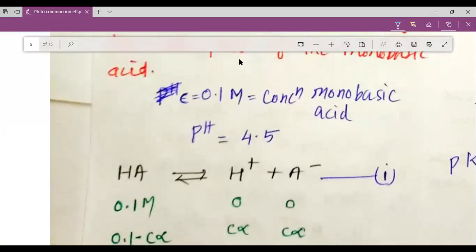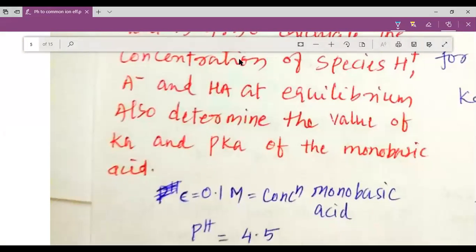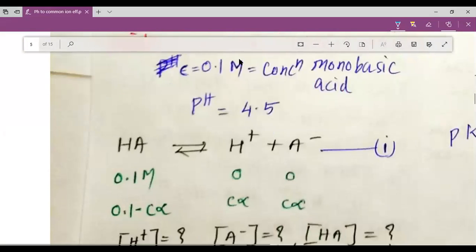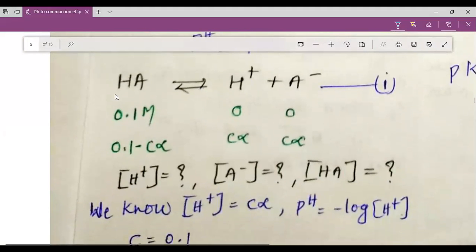So here we are given the initial concentration C, that is the concentration of monobasic acid, 0.01 molar, and pH is already given as 4.5. Now we know that if we have an acid HA, that will dissociate and give us H plus and A minus. The initial concentration C is 0.01 molar, and initially there are no products formed, so their concentration is 0 and 0.